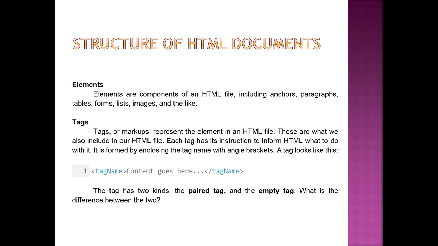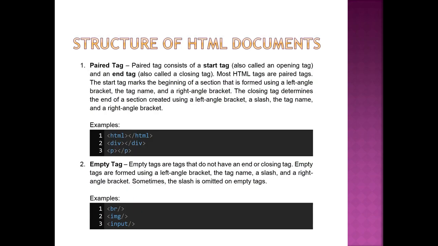There are two kinds of tags we always encounter when we are developing a web page. First is what we call the paired tag, and the second is the empty tag. When we say paired tags, these are the tags that always have a start tag and a close tag, or what we call the end tag.